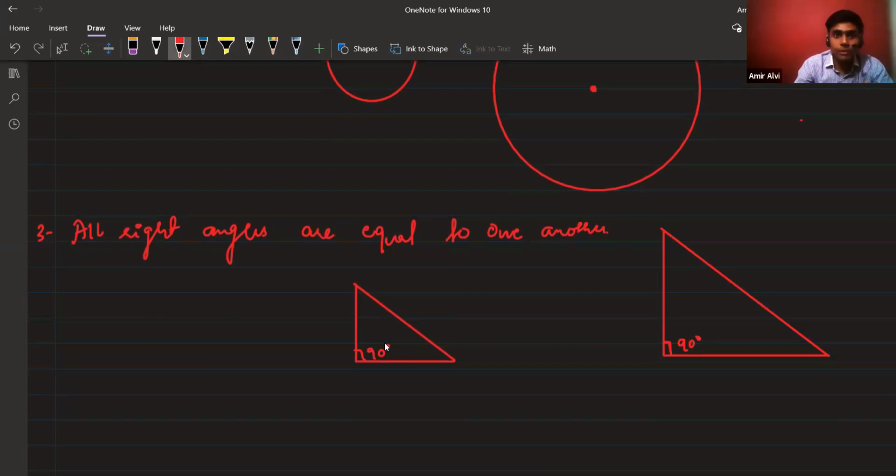We are not talking about dimensions, keep that in mind. We are only talking about the 90 degree angle, the right angle. Is that clear? Yes. Then this postulate is done.